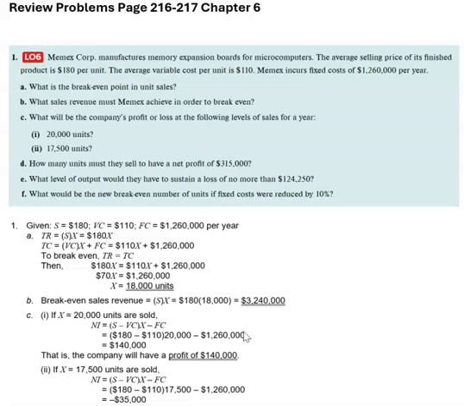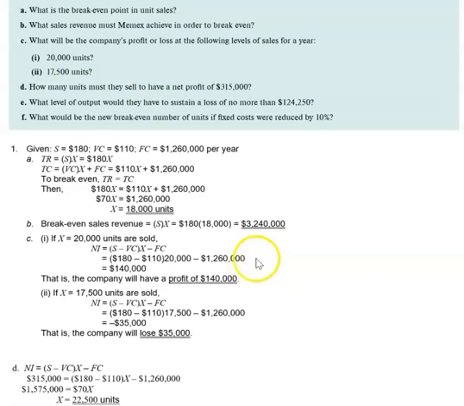Multiply that by the 20,000 units, which is 140. Hi, sorry about that. I said that wrong. I said 140, but 180 minus 110 is 70.